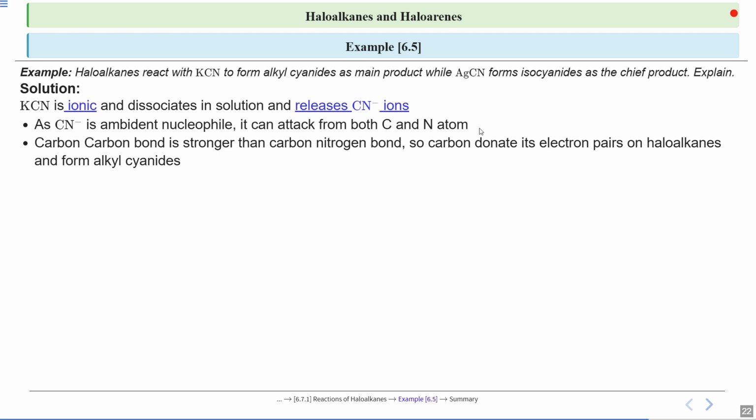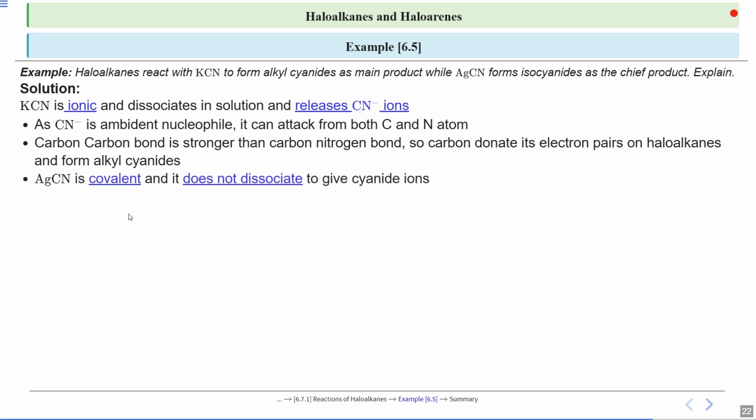So the carbon will donate its electron pair to the haloalkane and form alkyl cyanide as the major product after the reaction of haloalkanes and potassium cyanide.